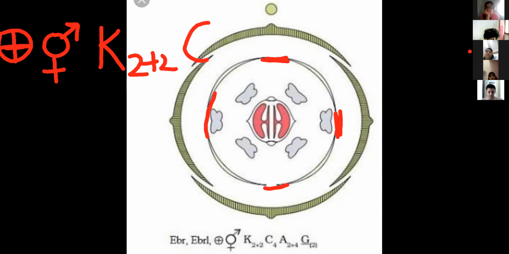So that's why we say they are arranged in one layer, one whorl. So we write simply C4, in bracket or without bracket? Yes, they are free, so without bracket. Correct. Fatima and all correct.